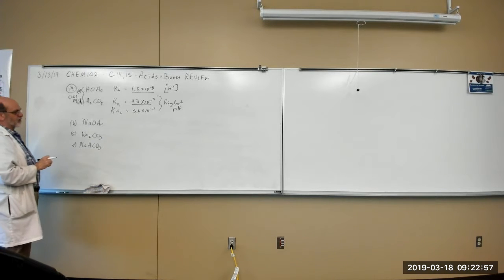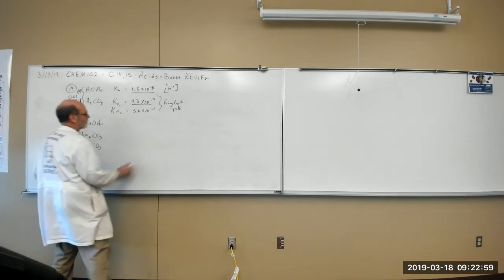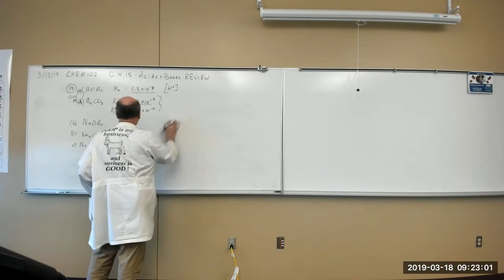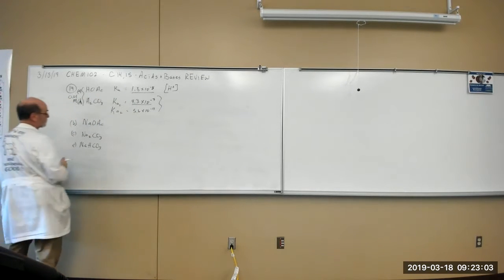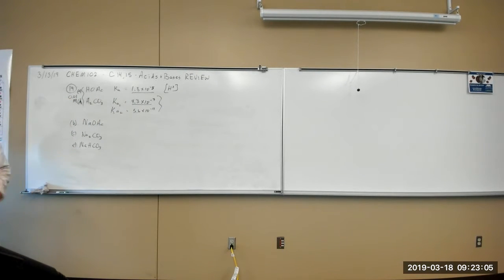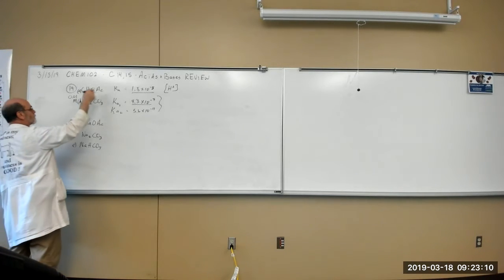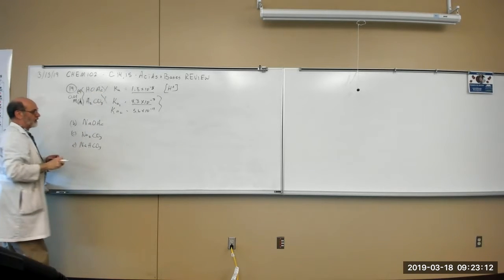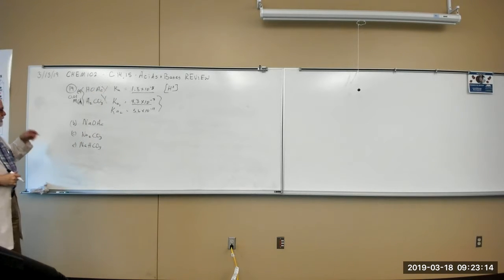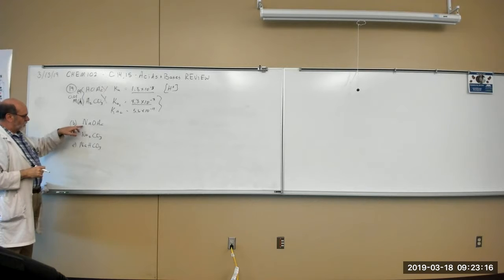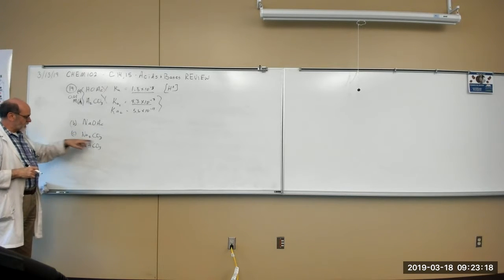So the highest pH, well, obviously, the acids are not going to give you a high pH. They're going to give you an acidic pH, right? So those two can be discounted. But we do have to consider the origin of these.